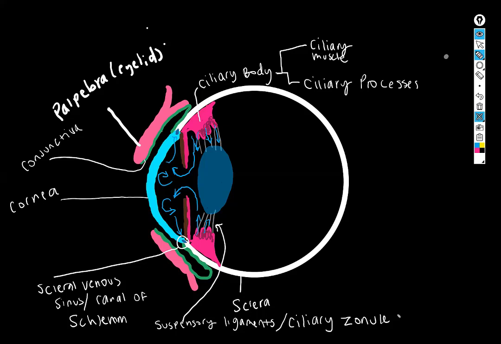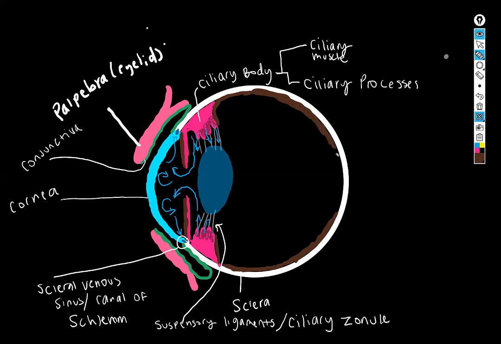Okay, so now we're in behind the lens territory. So this is the posterior chamber of the eyeball. And covering over the back of the ciliary body and just going in general between the sclera and the retina is this heavily pigmented layer called the choroid.